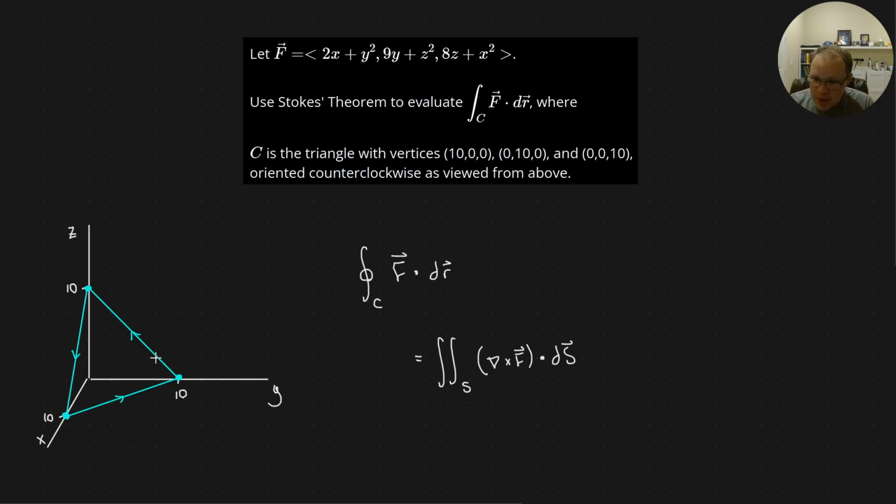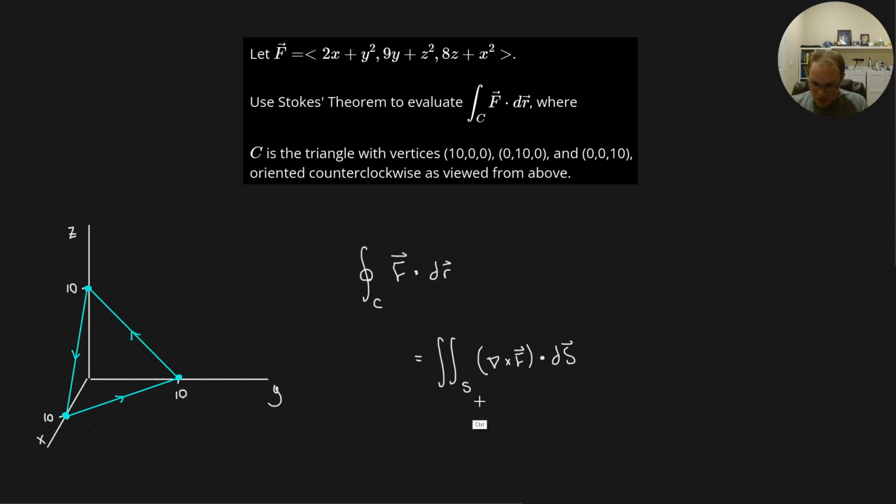So, for example, I could construct a pyramid. If you can imagine that point coming out towards you, I can construct a pyramid and then integrate over the surface of the pyramid. Of course, that seems like a lot of work, right?